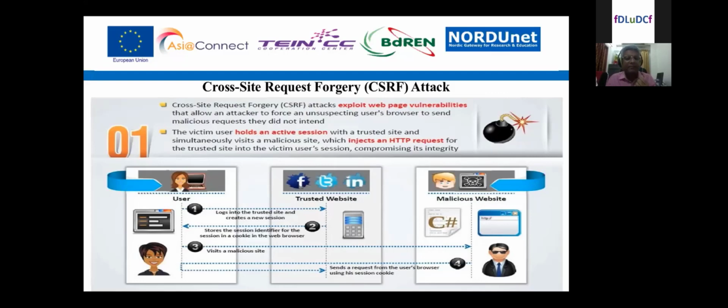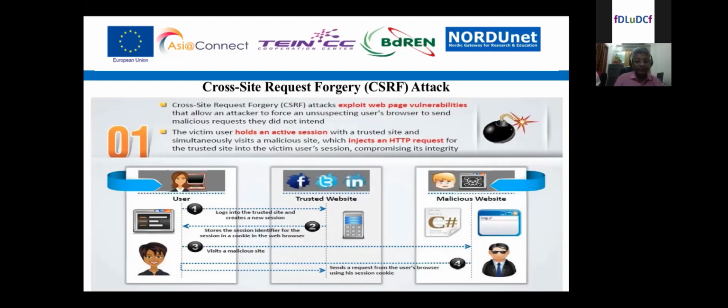So at the same time, the victim user will have two connections, one with the trusted site and another with the malicious site. And from the malicious site, the attacker will get the session ID of the trusted site. And then it will compromise the integrity of the trusted site.